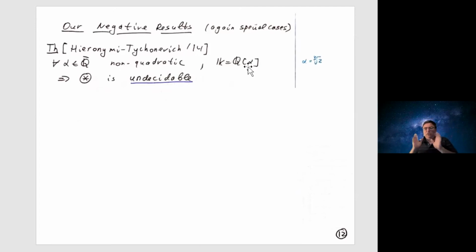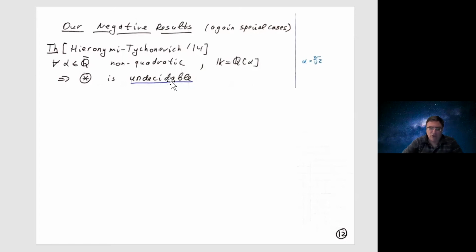So, for example, if you take the cubic root of 2 and include it in your inequalities, then suddenly there is no upper bound on the time. Is this clear? That's a result Philip Hieronymi and Tikhanevich proved when Hieronymi was in graduate school. That's his dissertation.